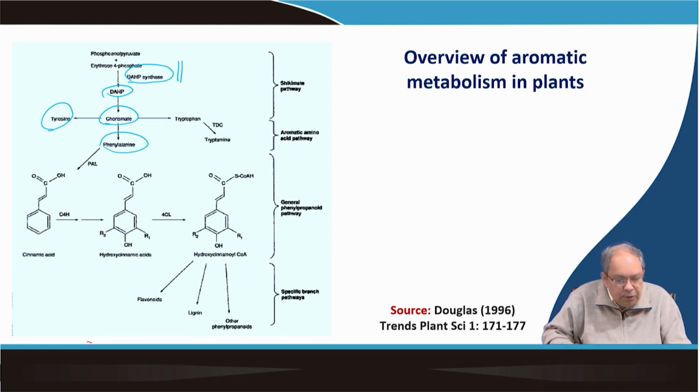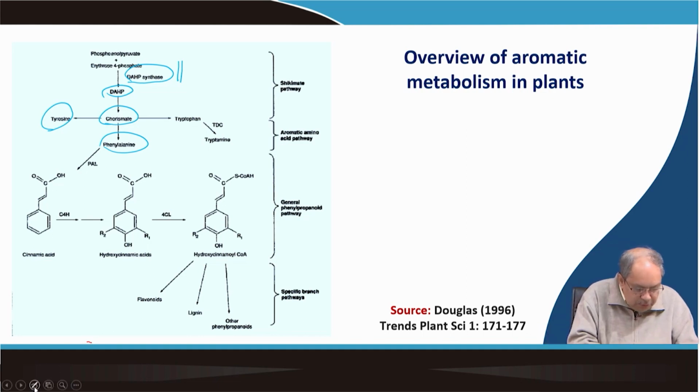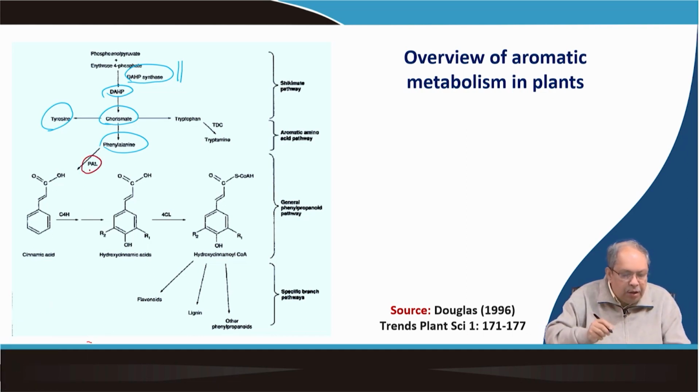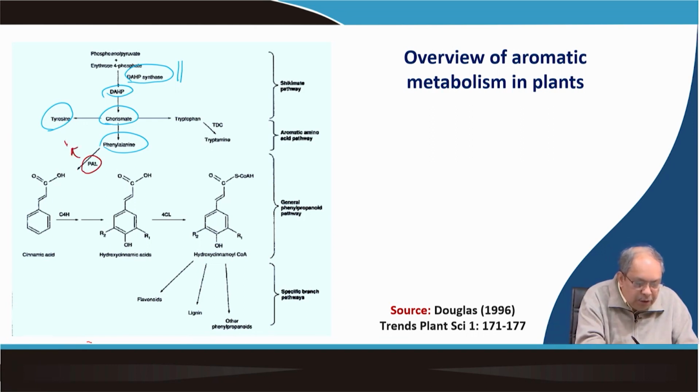Phenylalanine is the starting point for phenylpropanoid metabolism, although tyrosine can also be the starting point, particularly for monocots. We also mentioned the PAL enzyme, phenylalanine ammonia lyase, which releases ammonia and converts phenylalanine to cinnamic acid.